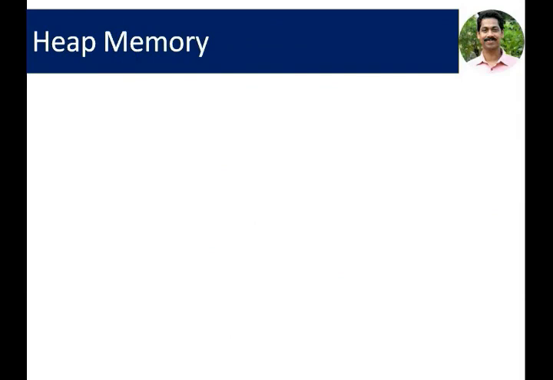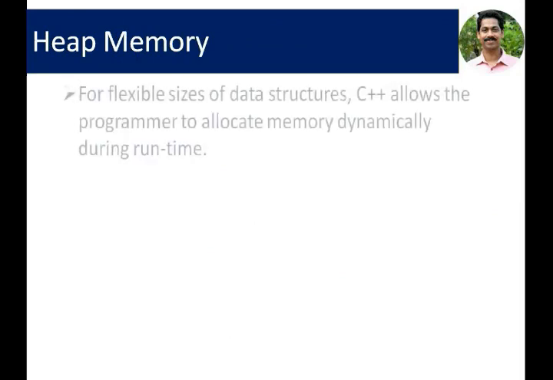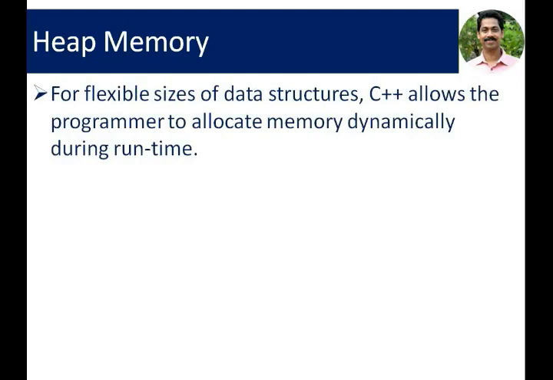Another area of memory is called heap memory. This memory is used for flexible sizes of data structures, so we allocate memory dynamically during runtime.